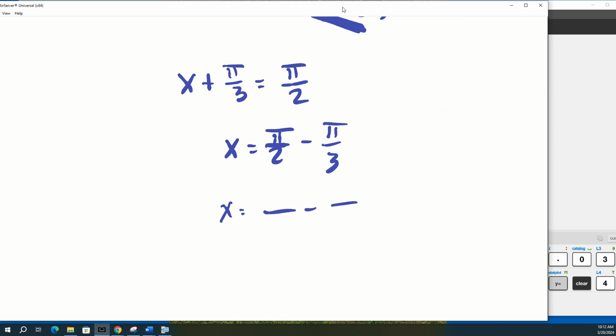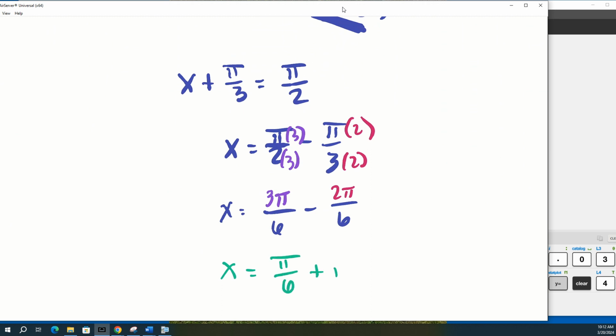To be able to do that subtraction, you are going to need a common denominator, which is going to be 6. So this one gets multiplied by 3. This one gets multiplied by 2. And then in the end, it should be pi over 6, and that's going to repeat every pi units.